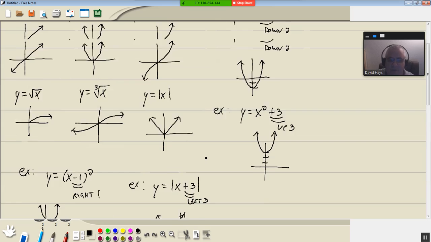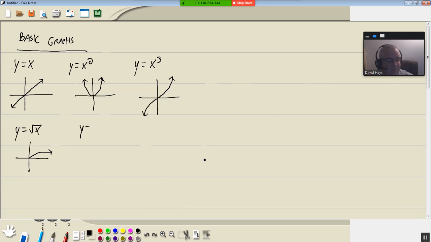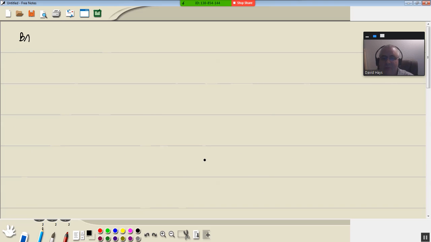Now, you can have mixtures of these. Let me show you. The idea of these transformations is you can very quickly sketch your graph without picking up a graphing calculator or plotting points. So if I have y is equal to negative (x plus 4) squared minus 2, the negative 2 here at the end tells us down 2.